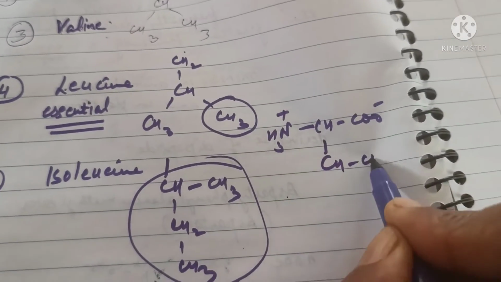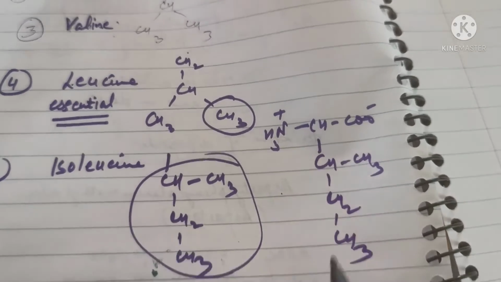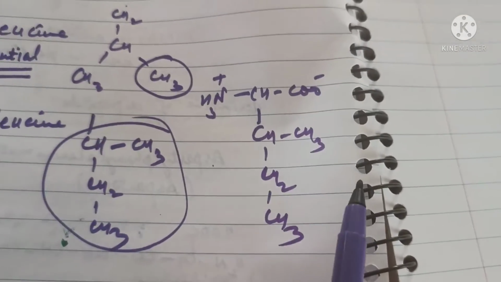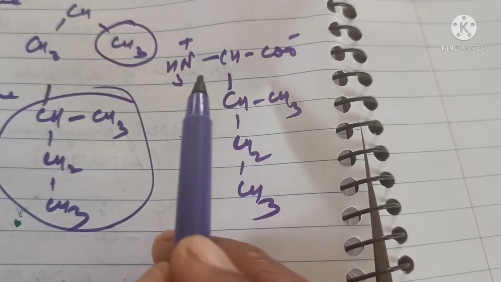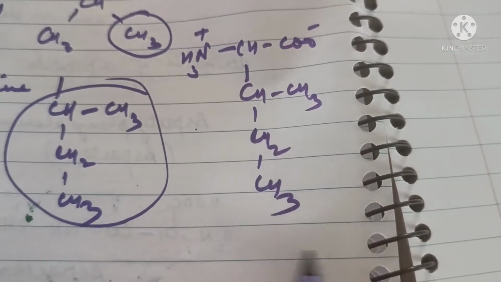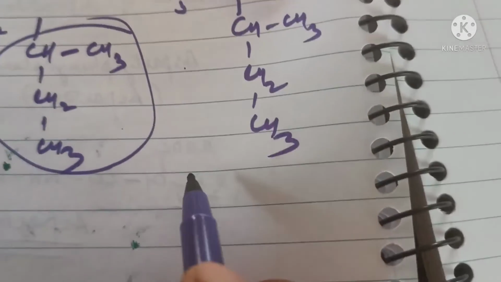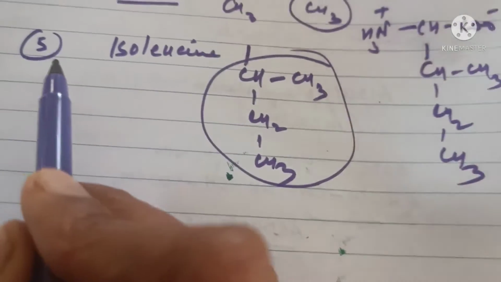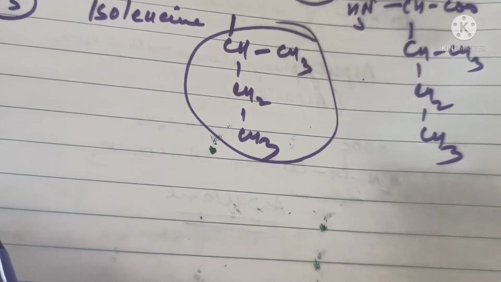So if we write down the whole structure of isoleucine, we will have a 4 carbon group attached with CH3 on the first position and 2 more carbons. So the whole structure will be called isoleucine. It is an isomer of leucine and it is also an essential amino acid.